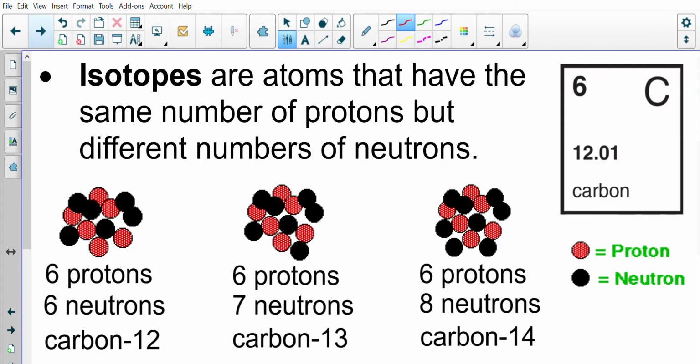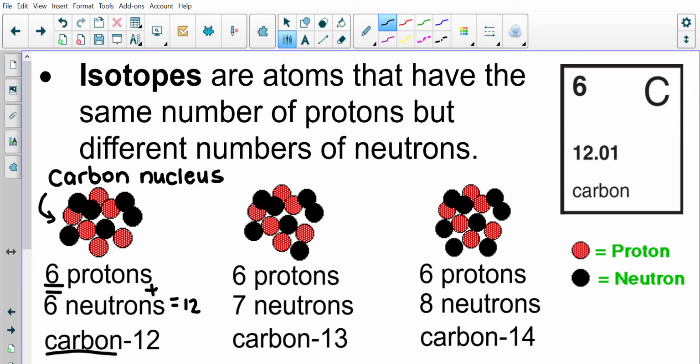All right, next, isotopes are atoms that have the same number of protons, but different numbers of neutrons. So let's consider a carbon nucleus here. In this carbon nucleus, we have 6 protons and 6 neutrons. The fact that it has 6 protons is what makes it carbon. But then notice here, 6 plus 6 equals 12. So because we get a total of 12 there, this is carbon 12.